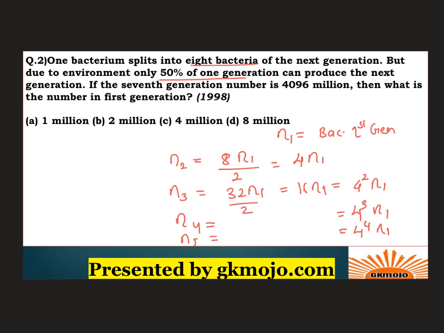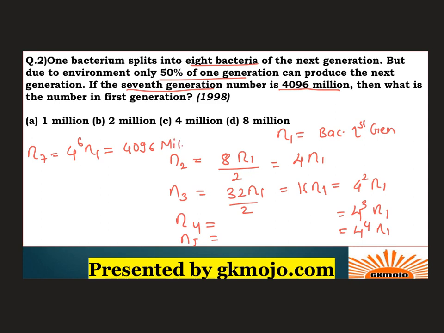So what they have said is, if the 7th generation number is 4096 million, then what is the number in the first generation? So N7 is given to be 4096 million. N7 will be 4 to the power 6 N1, which is equal to 4096 million.